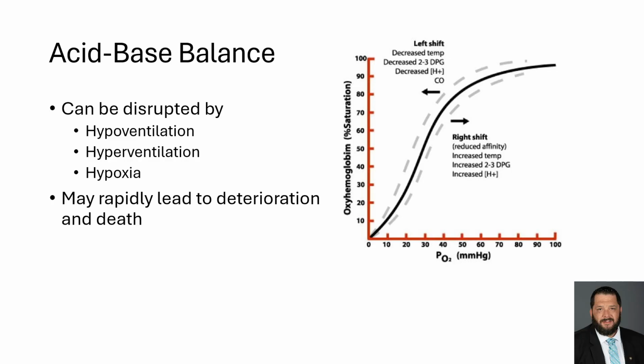So when the curve shifts to the left, we're seeing a decrease in hydrogen ions or an increase in pH. When it shifts to the right, we're seeing an increase in hydrogen ions or a decrease in pH. These subtle changes in pH significantly affect how well we can oxygenate the tissue, which is why, as we're ventilating these patients or assessing ventilatory status, we as providers need to be aware of the changes that can occur by ventilating too much or too little, impacting the pH overall.